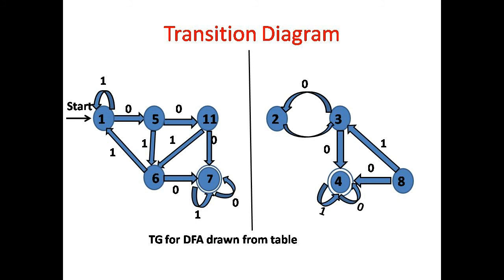As the figure shows, it is a disconnected graph, with part 1 of the graph containing one initial as well as one final state. But part 2 contains only a final state and no initial state.